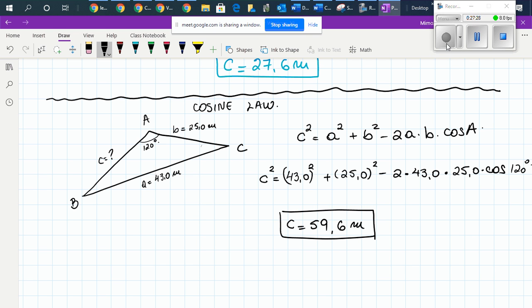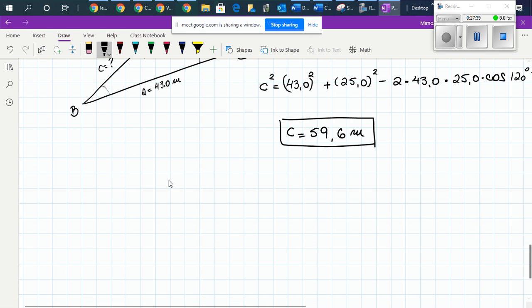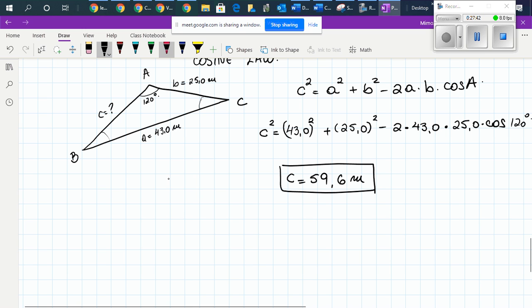And now in order to find angle C or angle B, you can use, let's say, sine law. So in this case, in terms of the sine law, or you can use even cosine, now that we know all the three sides.